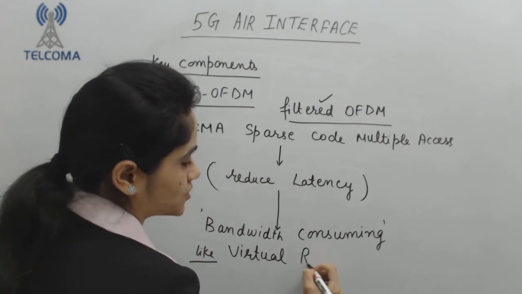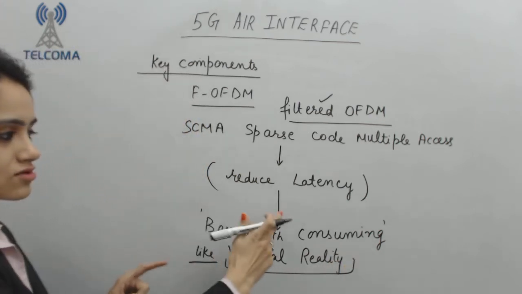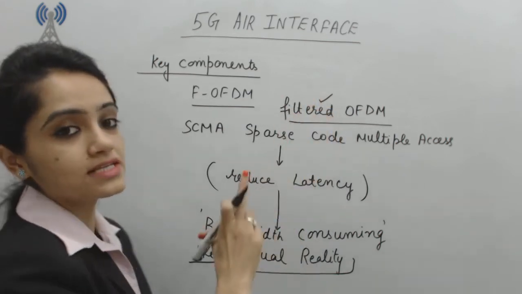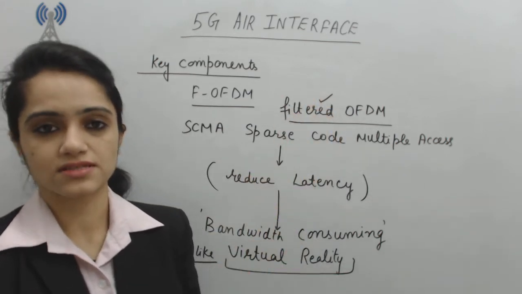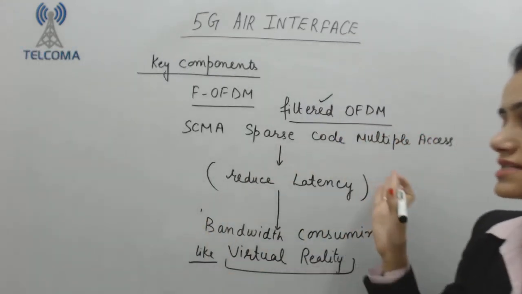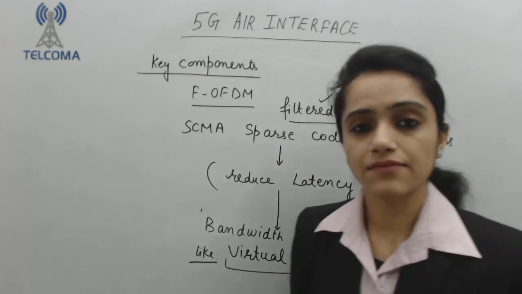Virtual reality is a service which is bandwidth consuming, and both of these key components in my system will help to reduce latency. So the key components are filtered OFDM, and the next one is sparse code multiple access. Now let's study FOFDM.